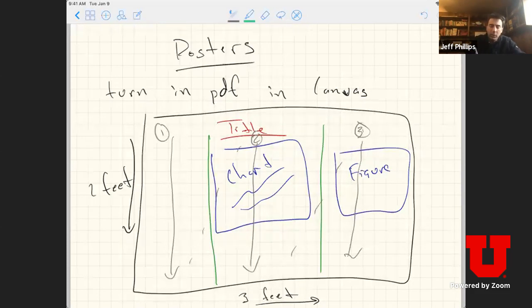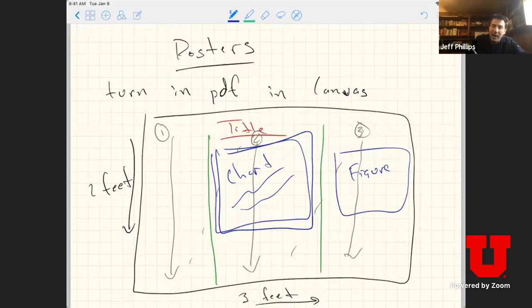But whatever is going on in the very middle is the most important thing. So you usually want a big graphic or chart that you want to draw people's attention to in the very middle of the picture. Usually the top of the second column is a great place to do that.